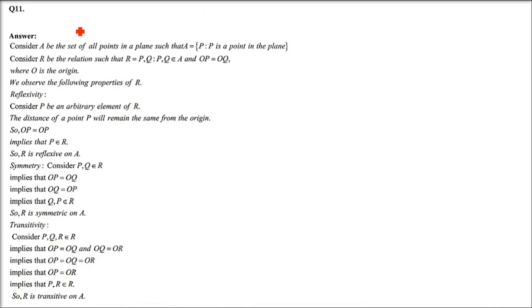Question number 11 now. Let O be the origin. We define a relation between 2 points P and Q in a plane if OP is equal to OQ. Show that the relation so defined is an equivalence relation. Now what you see here is just like the question number 8 we have seen. This is exactly similar to the 8th one. Here the 8th question was simply about variables, and here it is geometric.